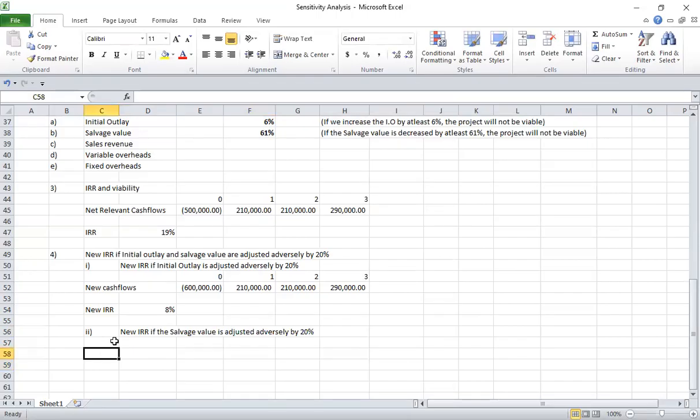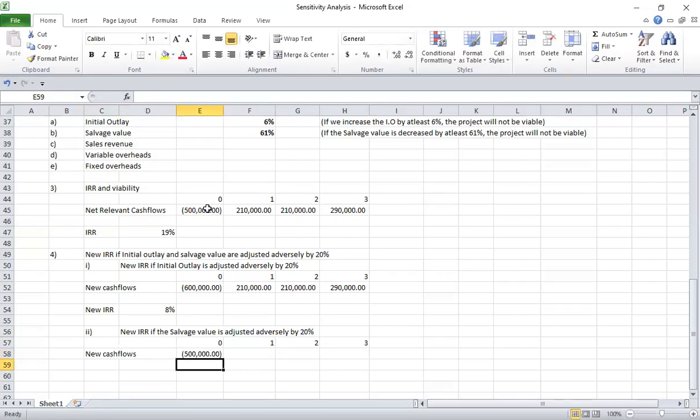Begin by looking for the new cash flows. So again, period 0, period 1, period 2, period 3. The cash flow for period 0, you know, is the original 500,000.